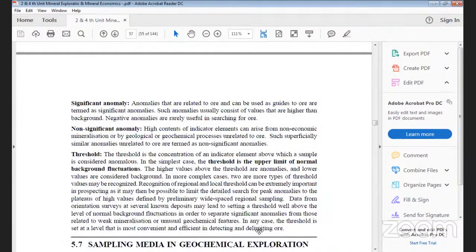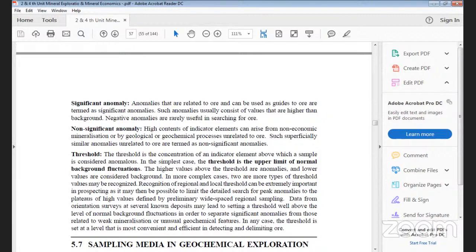The anomaly plays a very important role. Significant anomalies are anomalies that are related to the ore, and they can be used as guides to ore. Such anomalies usually consist of values which are higher than background.